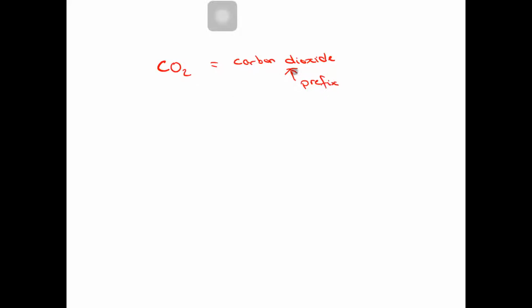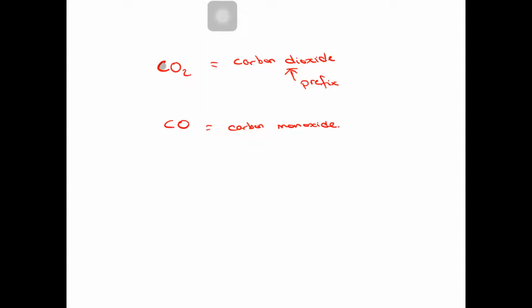Now, why is it important that we have that there? Why is this not just called carbon oxide? Well, let me show you another covalent compound. It's CO. This is called carbon monoxide. Now, both of these compounds, CO2 and just CO, exist in the natural world. But we can see that the difference is in this one there's 2 oxygens present, and in this one there's only 1 oxygen present.